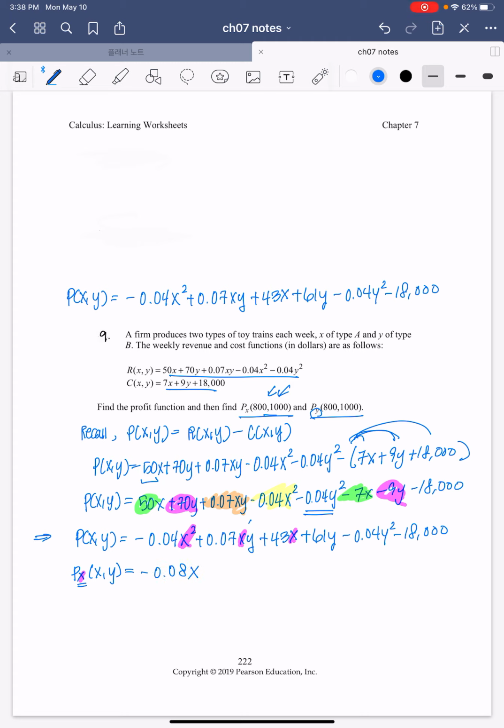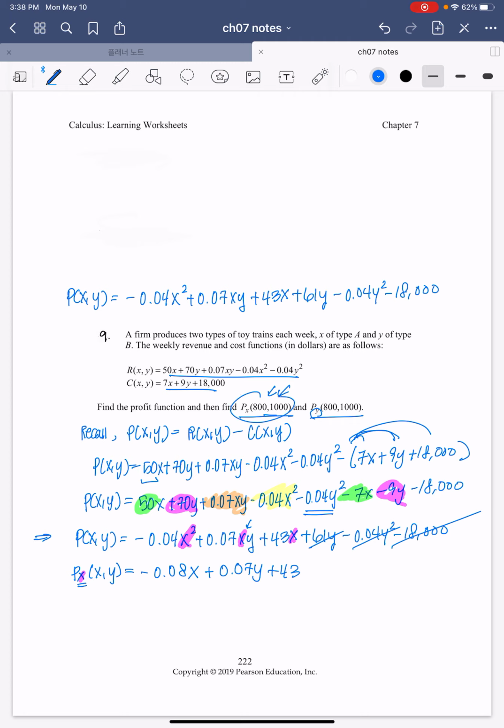This part, derivative of x is 1, so 0.07y. This one will be plus 43, constant. So my P of x comma y is negative 0.08x plus 0.07y plus 43.